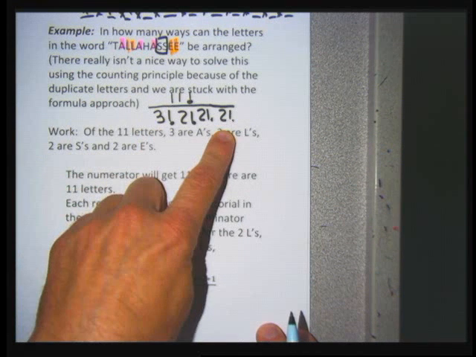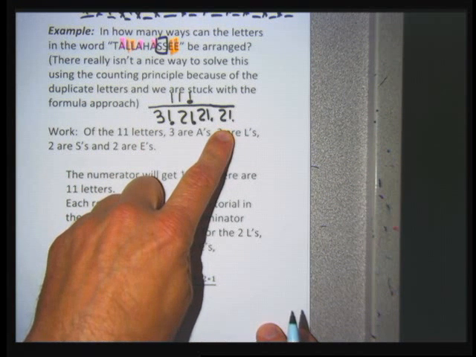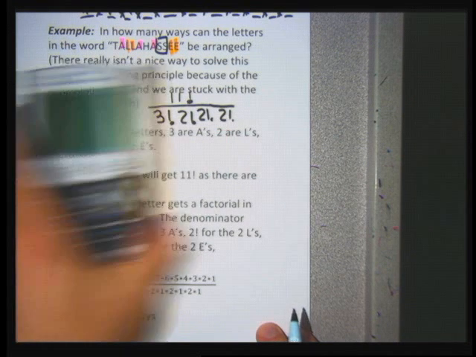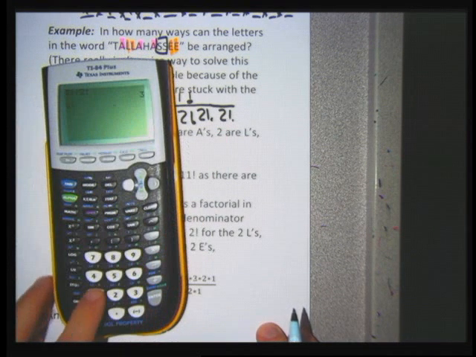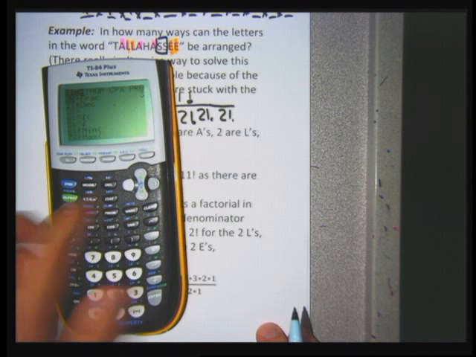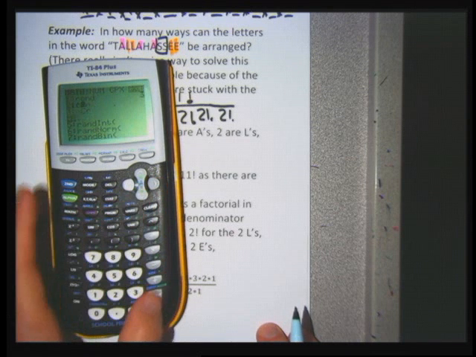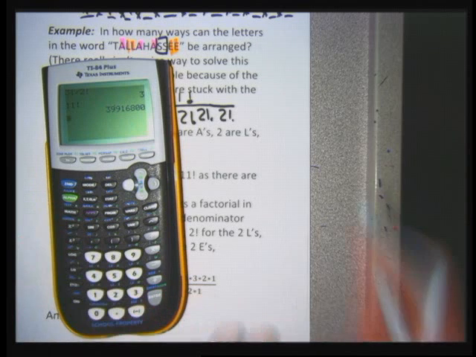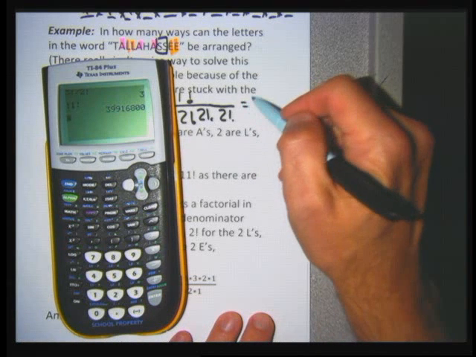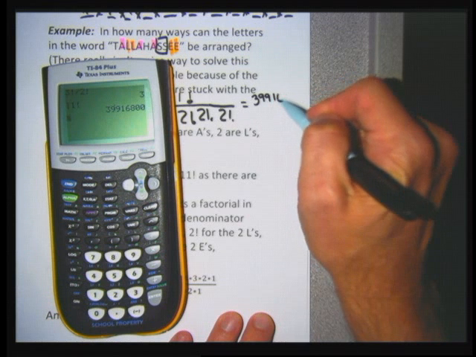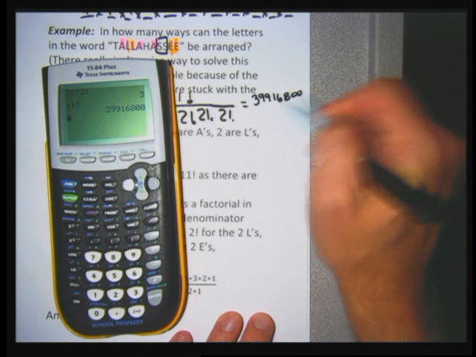So this I can do on my calculator. I don't really want to enter this all at once because factorials are disasters to do on my calculator. So let me figure out what 11 factorial is pretty quickly. So 11, math, PRB, factorial. Oh my gosh. So 11 factorial is 39,916,800.